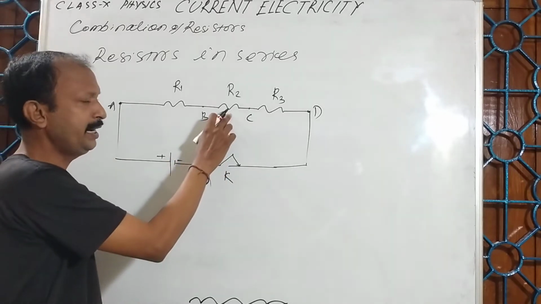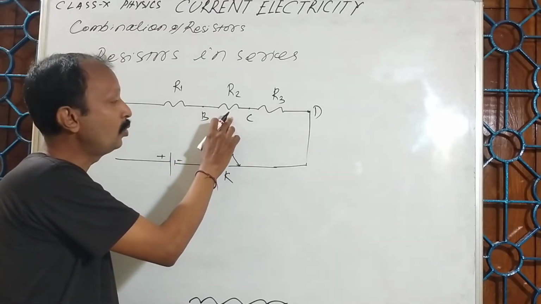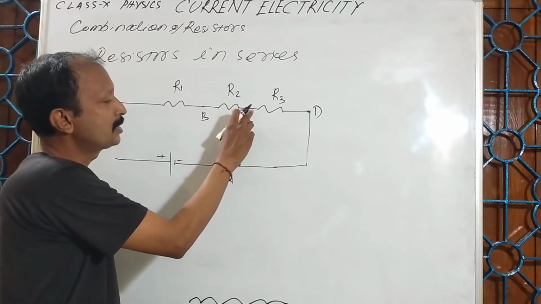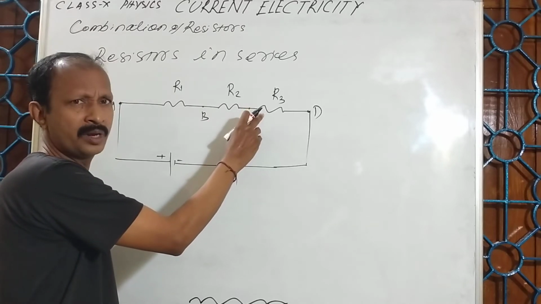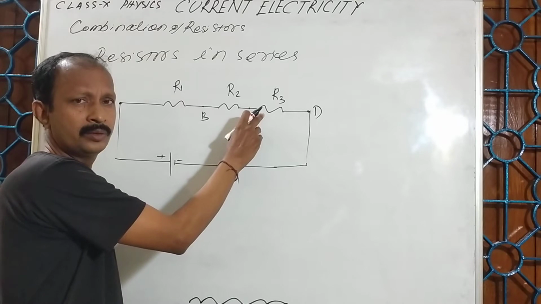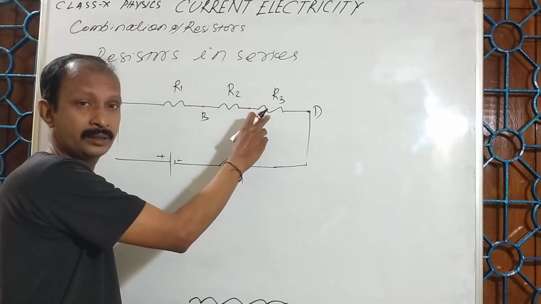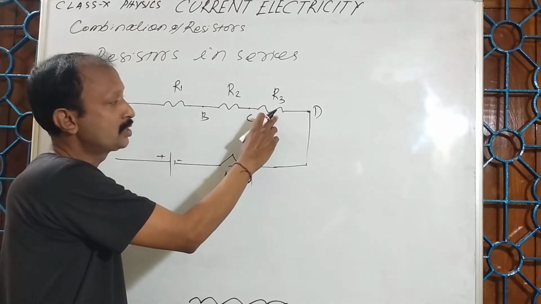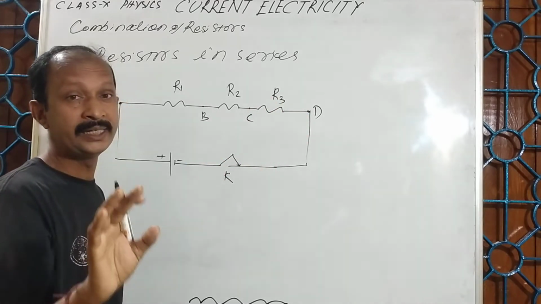Similarly, the second terminal of resistor 2 is connected to the point C, which is the first terminal of the resistor with resistance R3. And the last resistor R3, its second terminal is connected to the point D.